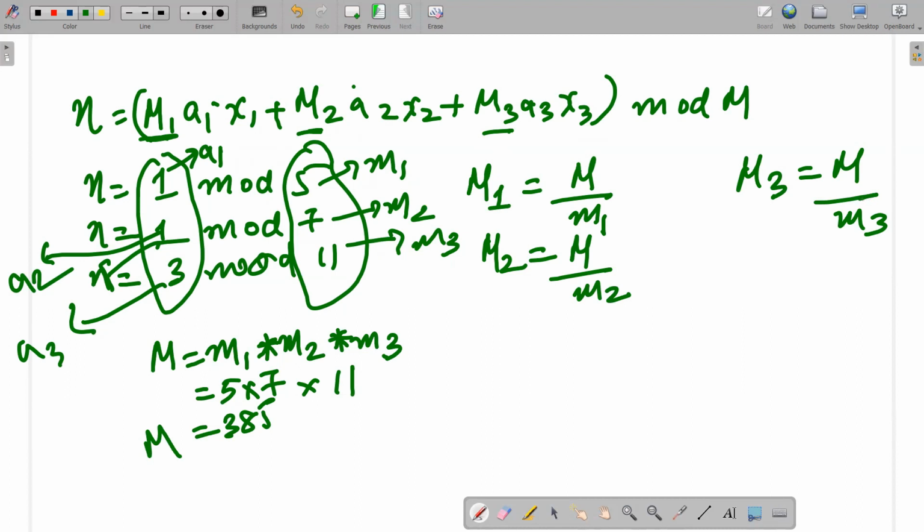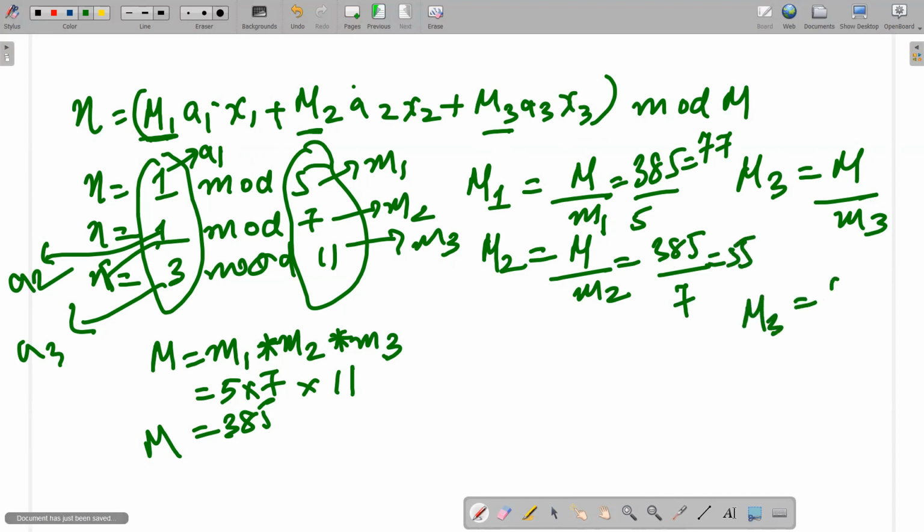So 385 divided by m1, which is 5, the answer is 77. 385 divided by 7, the answer is 55. And M3 is 385 divided by small m3, which is 11, and I guess its answer is 35.